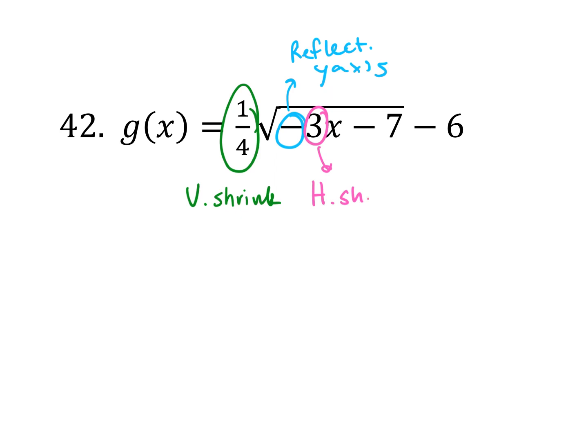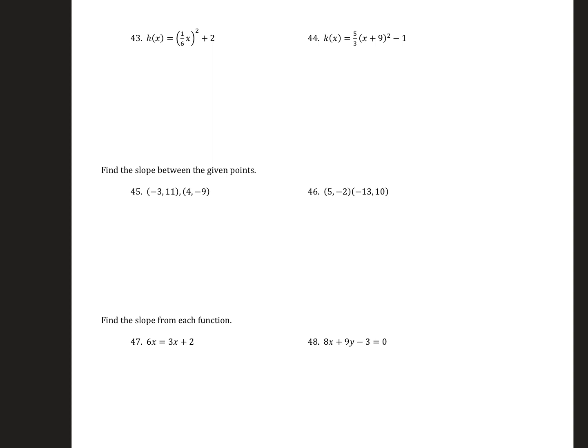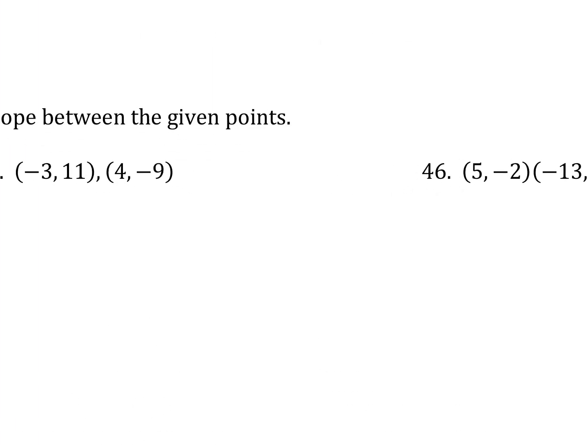Horizontal shrink by 1/3. Subtracting 7 on the inside? Right 7. And then subtracting 6 on the outside? Down 6. Awesome. All right, next ones, we want to find the slopes between the given points.